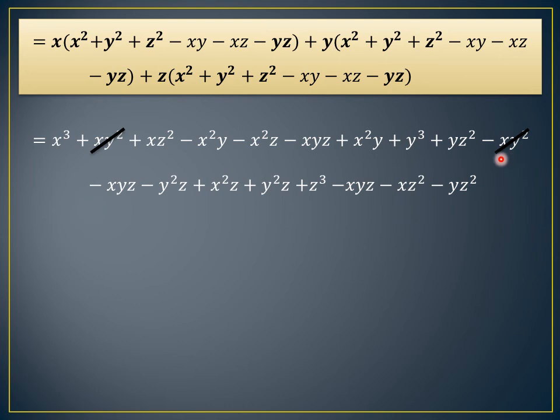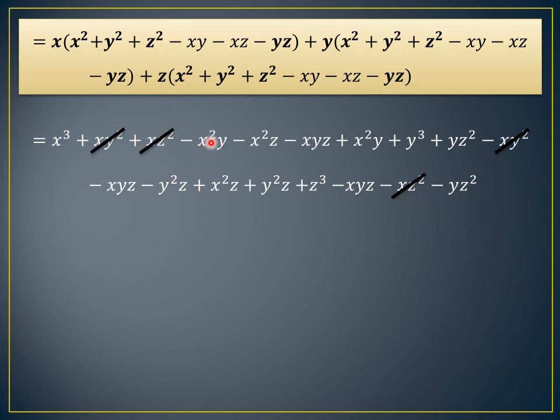You all know that the same terms having opposite signs can be cancelled with each other. Coming to the next, xz square. Is there any other term having the minus sign with it? Because this term is having the plus sign. Plus xz square will be cancelled with minus xz square.